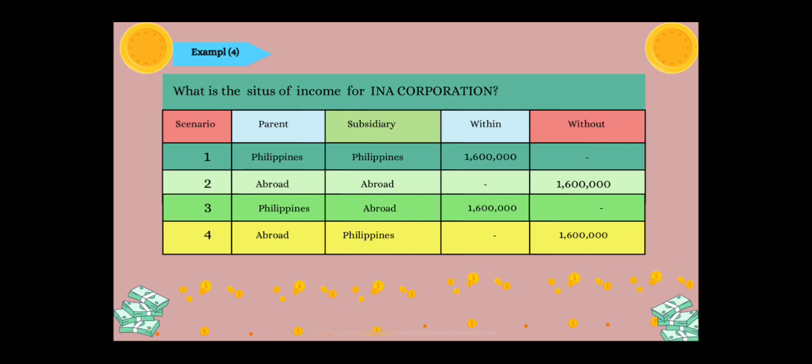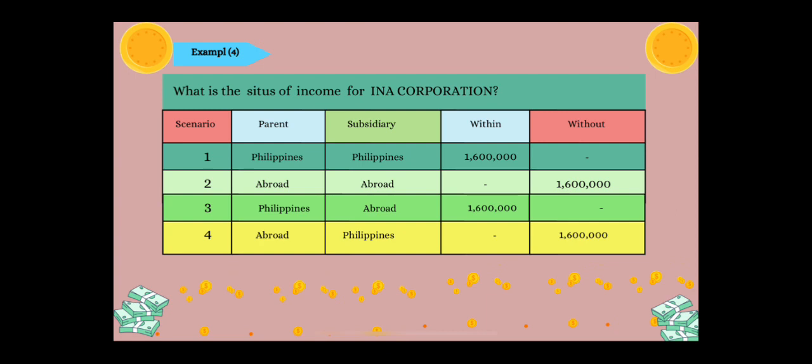And for the total gross income, 1,600,000 and 800,000 is equal to 2,400,000. Another example 4: What is the status of income for INA Corporation?